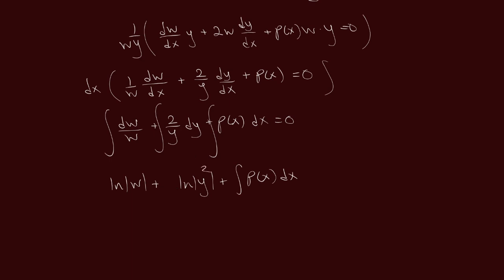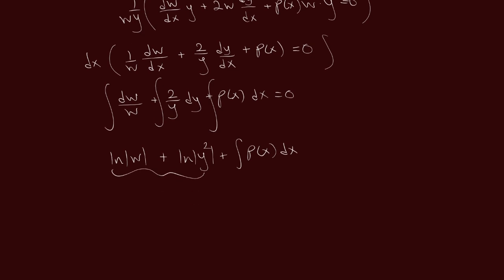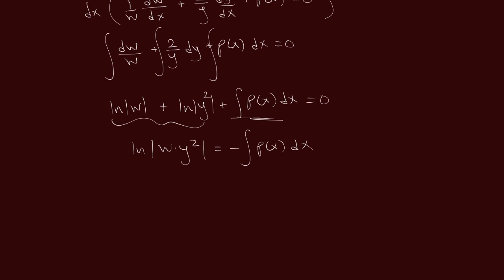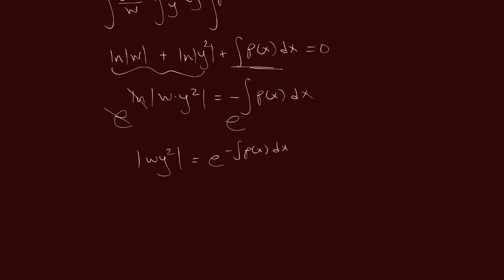Now we can bring this 2 into here, so it'll be y squared. And we can combine these two lns. We can rewrite this as ln of w times y squared, and we'll bring this to the other side because it all equals 0. Now the next thing we're going to do is take everything to the power of e, so this and this cancel out. Now divide by y squared.